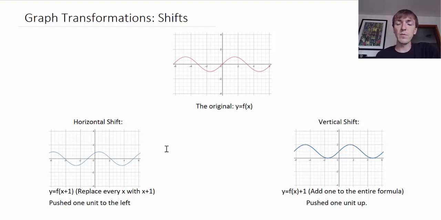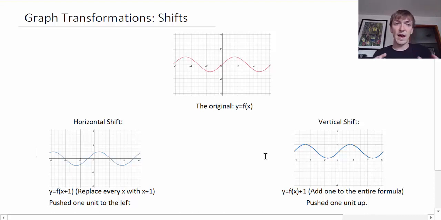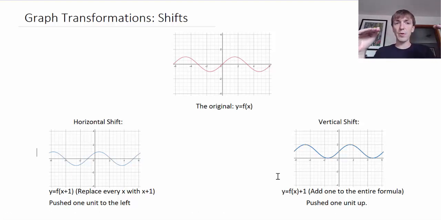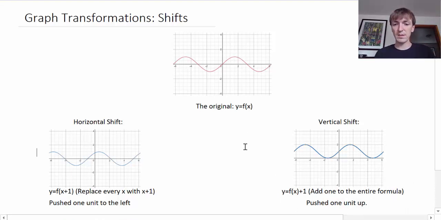Okay, so let's move on to vertical shifts. Vertical shifts are also done by adding, but instead of adding just to x, you're adding to the entire formula. So if I add 1 to the entire formula for the sine function, then I'm going to push the entire graph up 1 unit. And that's what you can see has been done here on the right.